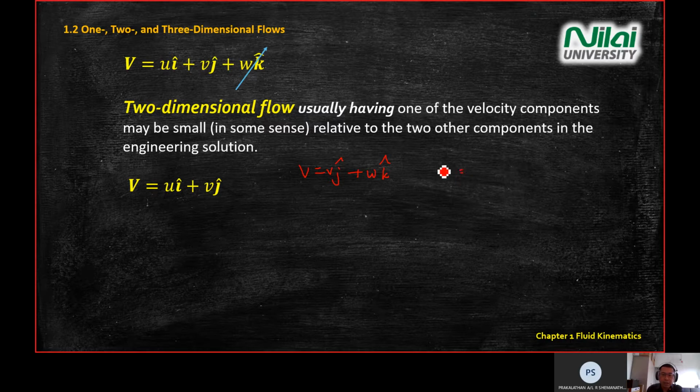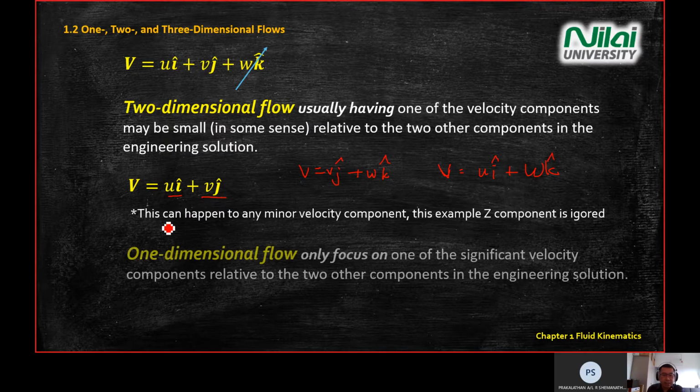Or another combination, for example, u i hat plus w k hat, this is also two-dimensional. So as long as you only have two terms here, then it's a two-dimensional flow.